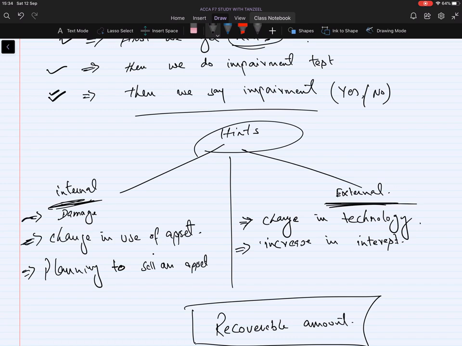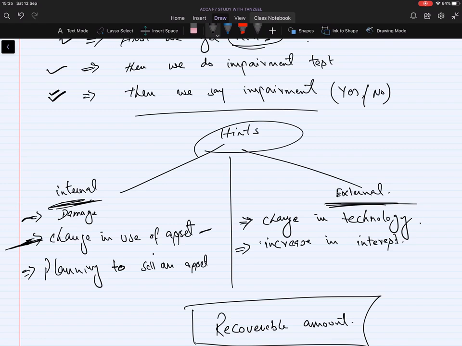The second internal factor is a change in the use of the asset. Suppose you have a plant of hand sanitizers, and I do an 8 hour shift, so my asset is working 8 hours every day. But due to the coronavirus, the demand for hand sanitizers goes high, so I have to meet that demand and increase my supply.